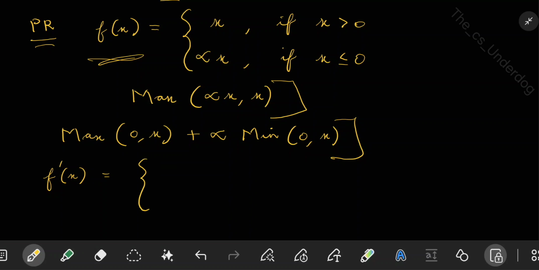If you do that, you will get 1, that is derivative of x with respect to x will be 1. So 1 is the gradient whenever x is greater than 0. And what about alpha x? Derivative of alpha x with respect to x will be alpha. So alpha is my derivative if x is lesser than or equal to 0.